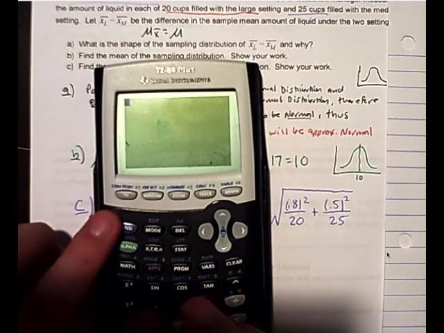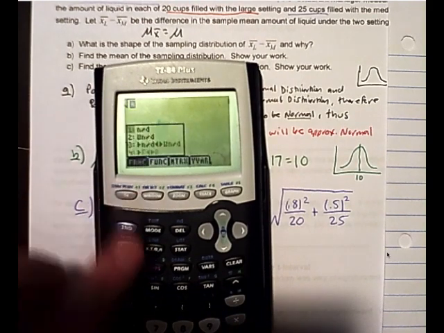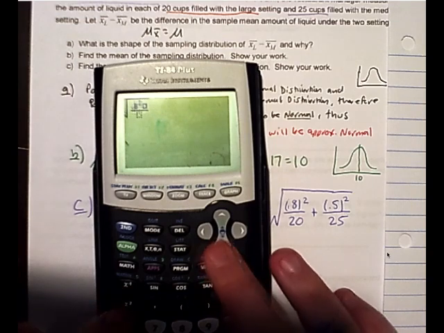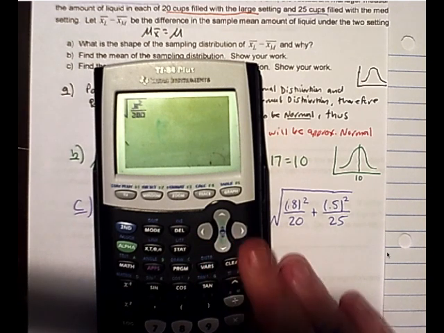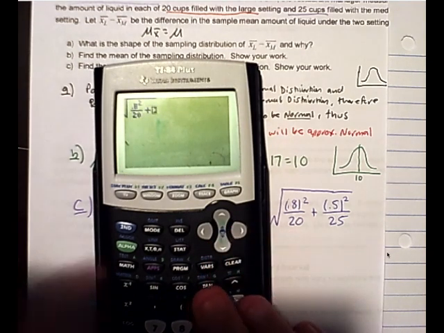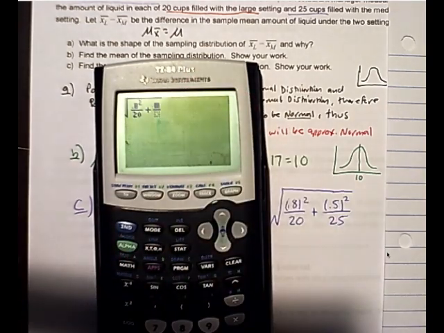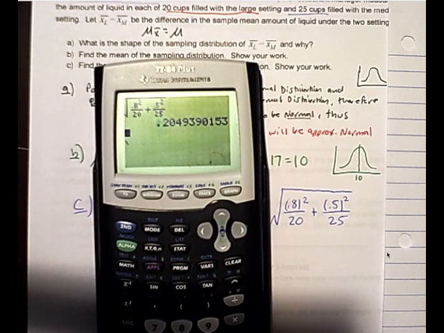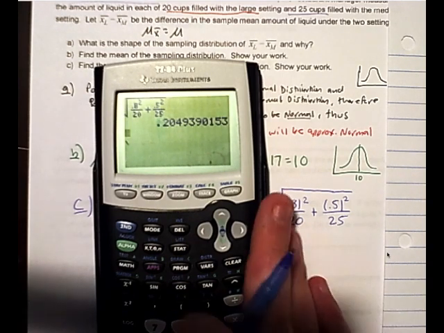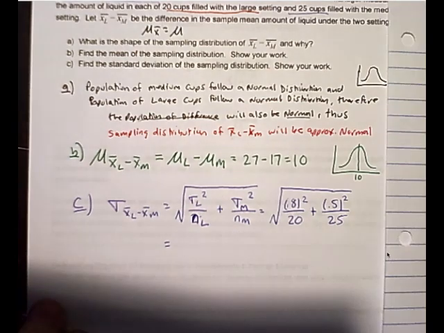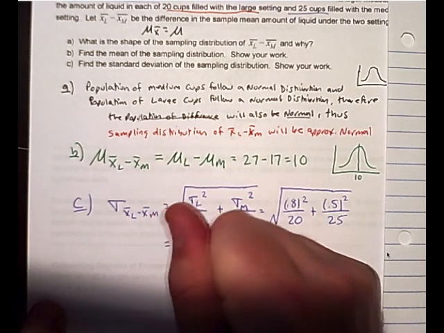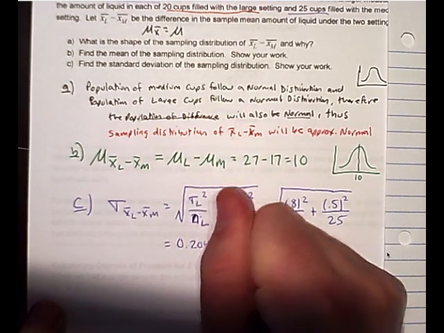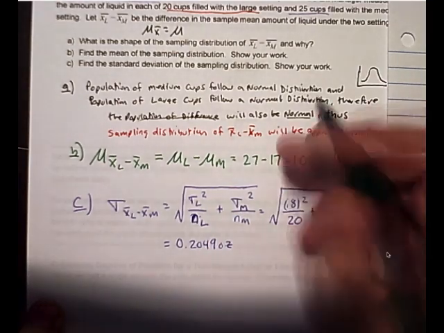Big square root, 0.8 squared over 20 plus 0.5 squared over 25. That gives 0.2049. That would be in ounces. All these are in ounces.